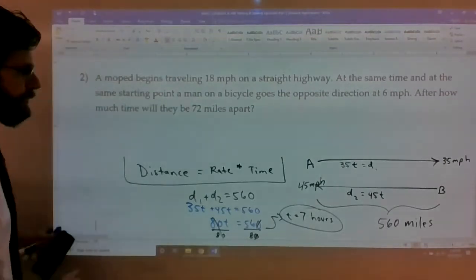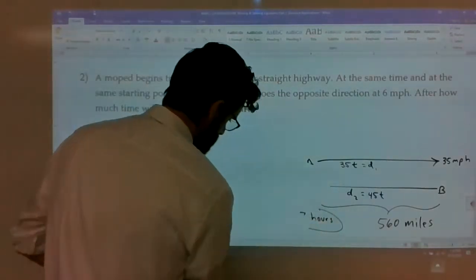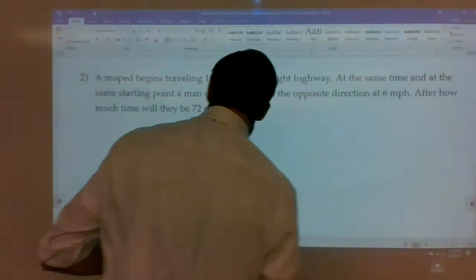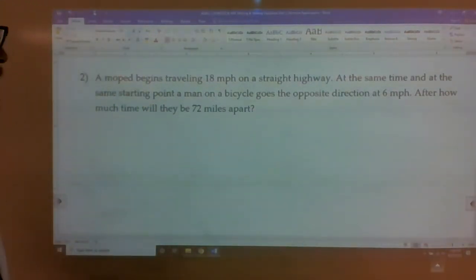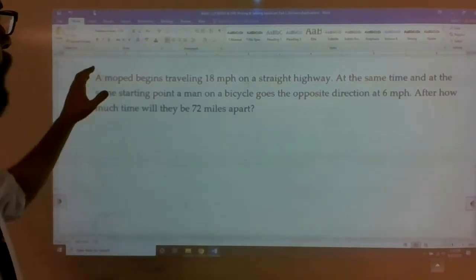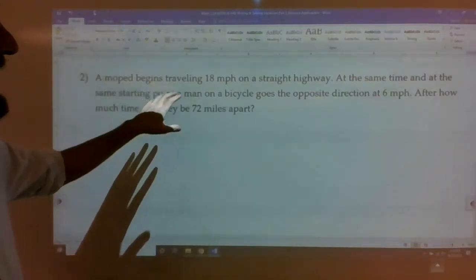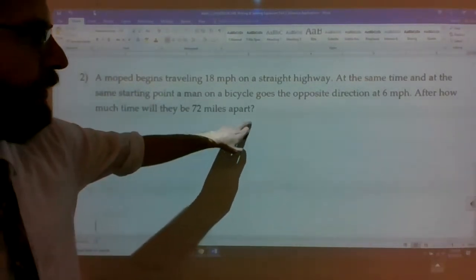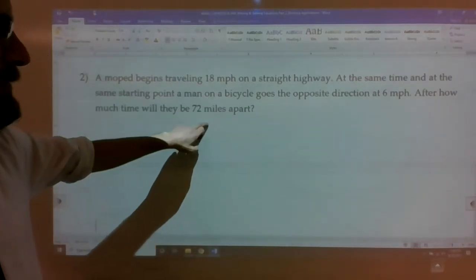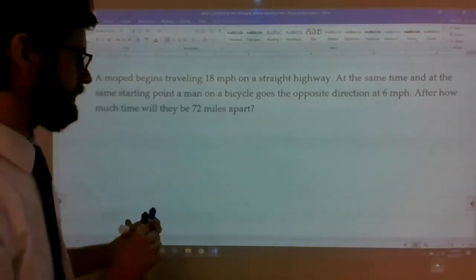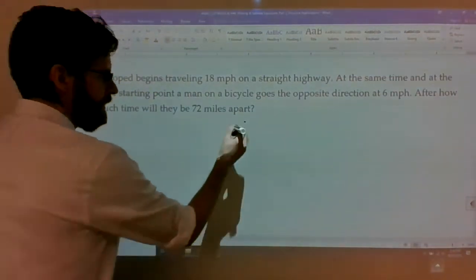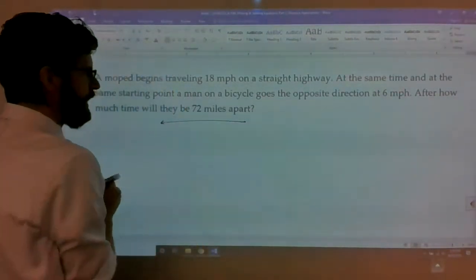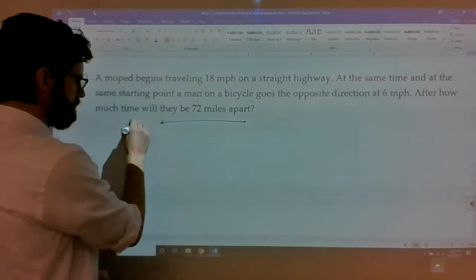Let's check out number 2. So let's see here. What do we got here? A moped begins traveling 18 miles per hour on a straight highway. At the same time and at the same starting point, here's our starting point, the moped's going 18 miles per hour in this direction.